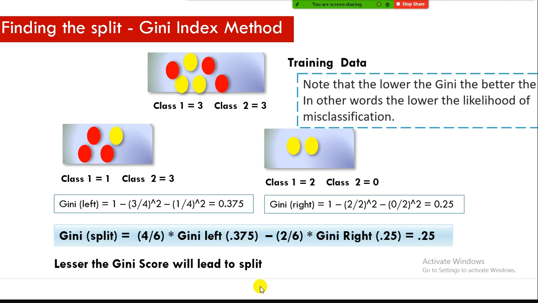The lesser the Gini score, the column or feature which has the lesser Gini score will undergo the split first. If I have multiple columns, let's say 3 columns, and column B has the lesser Gini score, then the second column will undergo the split first.